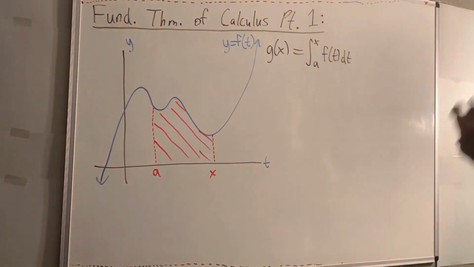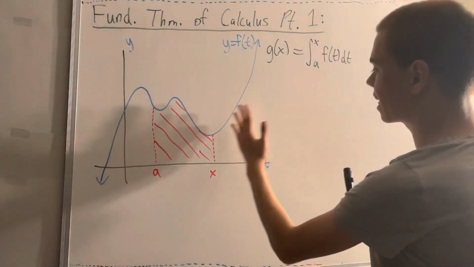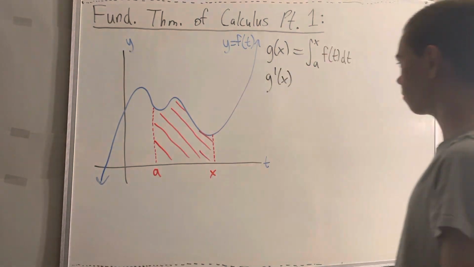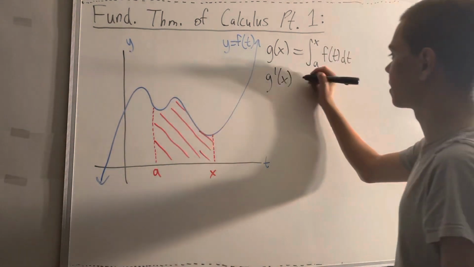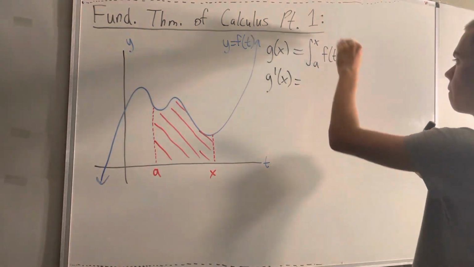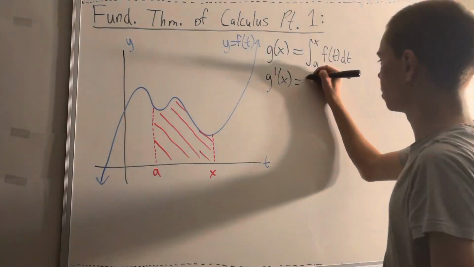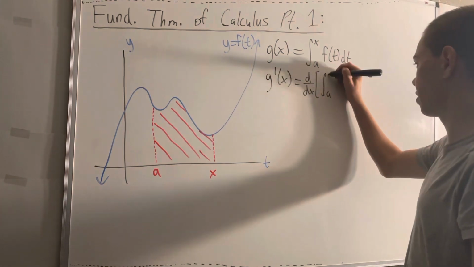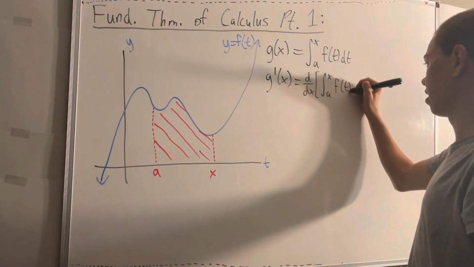So that's the whole idea of what we're doing. Okay, so we're letting x change. So really what we're going to be finding is g prime of x. And when we're finding g prime of x, it's just the derivative with respect to x of this integral from a to x of f of t dt.